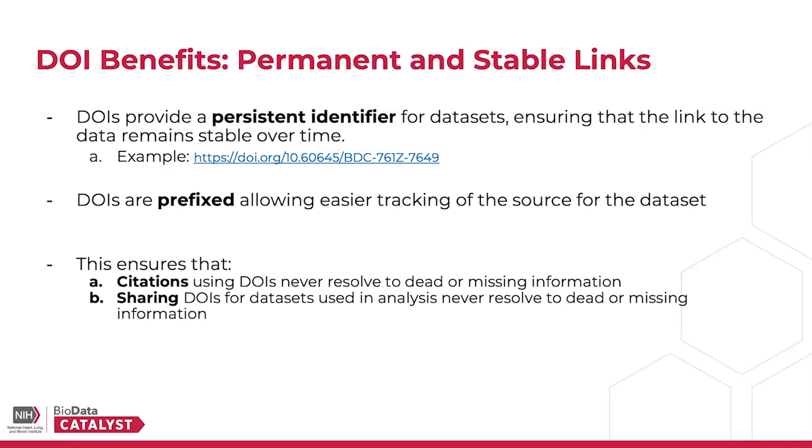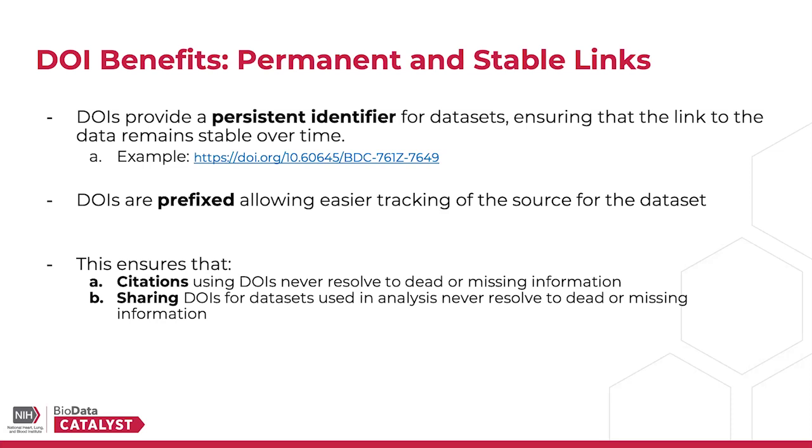Well, one of the real nice benefits to this is because it is a persistent identifier, it ensures that the link to this data will remain stable over time. So, we've all used the web in the past. We've all had hyperlinks that we've had in our notes or we've had in our papers. Links move, pages move, websites go defunct, links resolve to nothing.